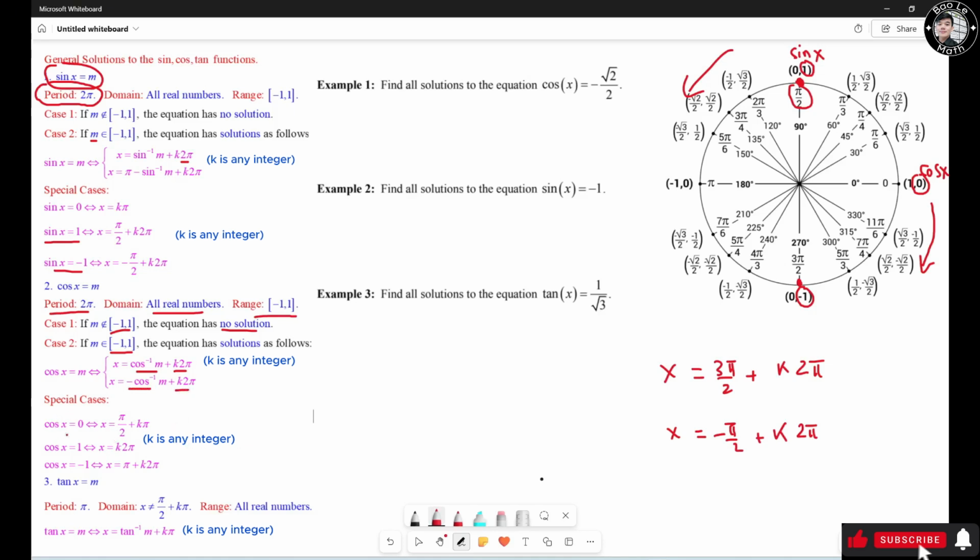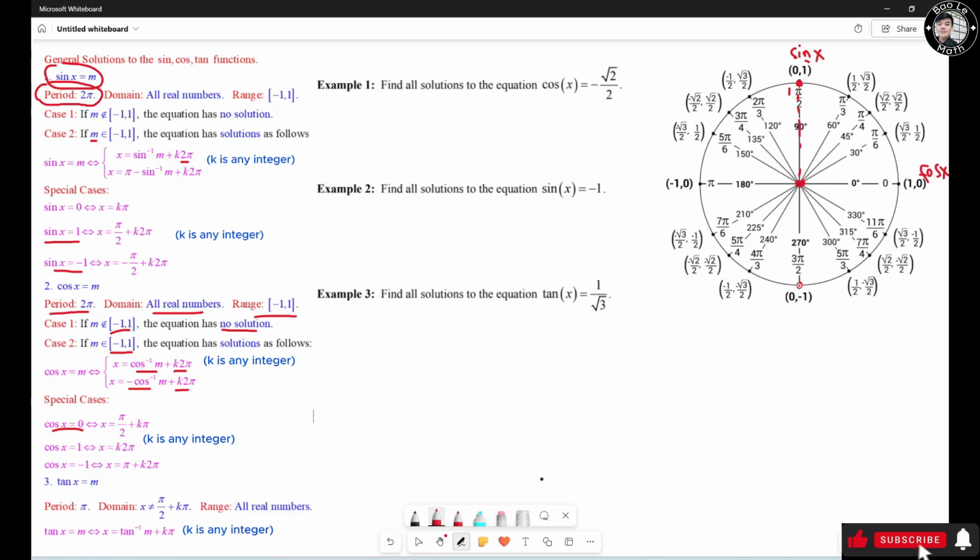Now the special case, when cosine s equals 0. For cosine, you look at the x-axis only. The angles that make cosine equal to 0 are pi over 2 and 3 pi over 2 right here. If I take pi over 2 and project out to the x-axis, it's 0.